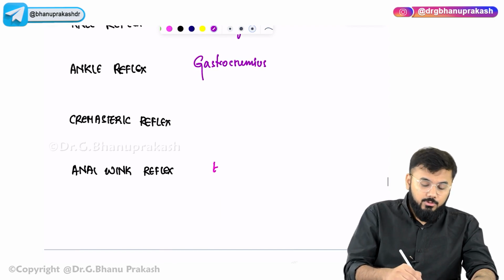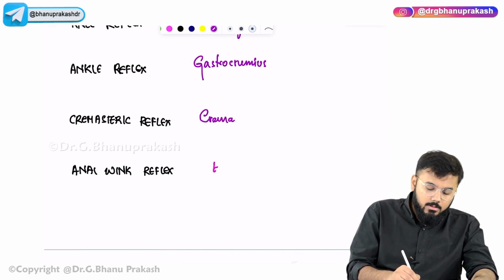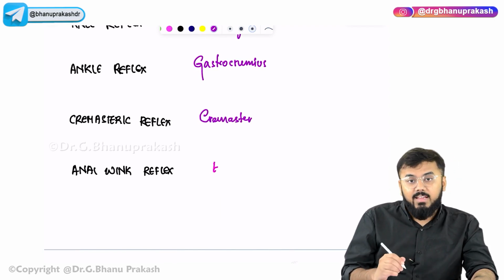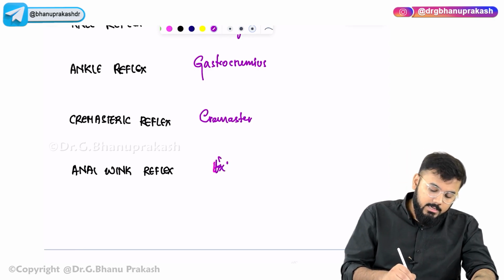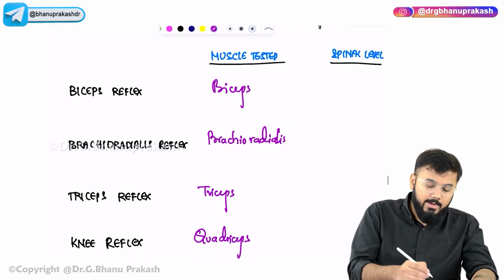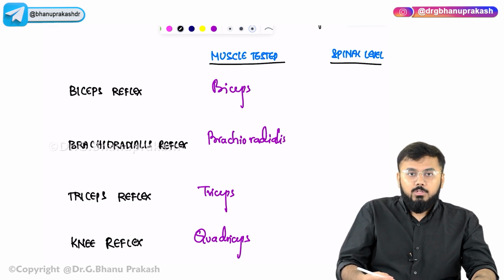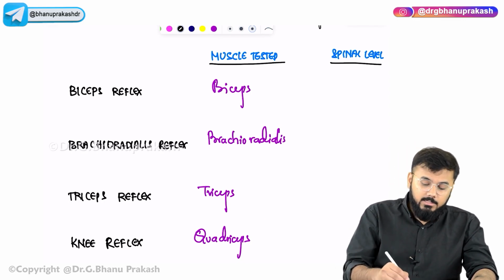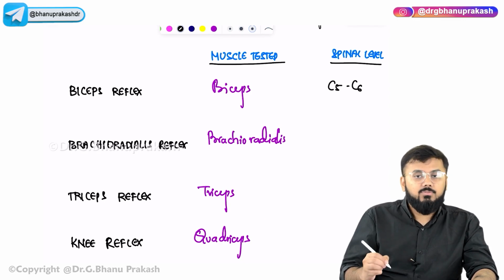And cremastric reflex you check for cremaster muscle, and anal wink reflex you check for external anal sphincter. Let us look at their spinal levels. If biceps is working, it means the spinal level C5, C6 is working well.